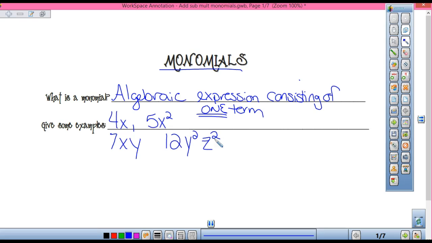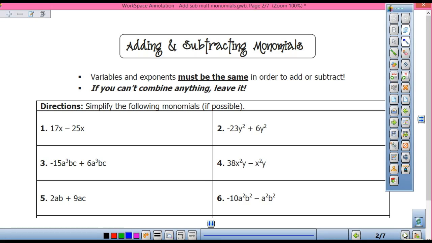Now, when I add and subtract these, the variables and the exponents have to be the exact same. So you have to have the same letters, and they have to be the same exponents. So here I have 17x and 25x. Are my x's the same?